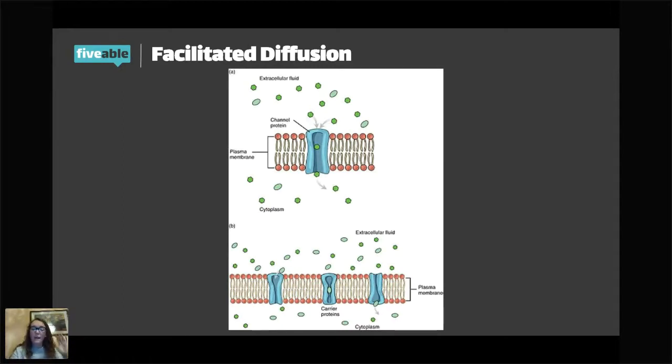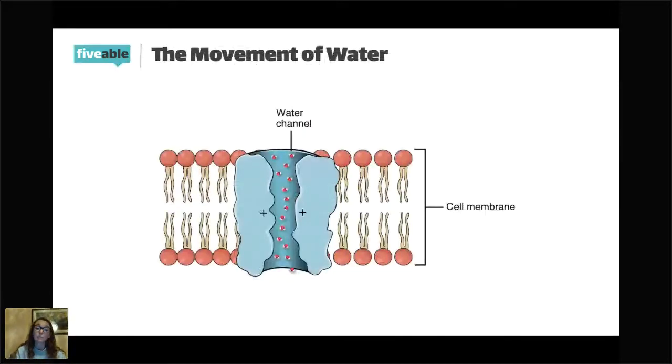Things will always move from a high concentration to a low concentration. And I always give the mountain analogy. If you're coming down the mountain, no energy is required. If you're going up the mountain from low concentration to high concentration, that takes a lot of energy, okay?